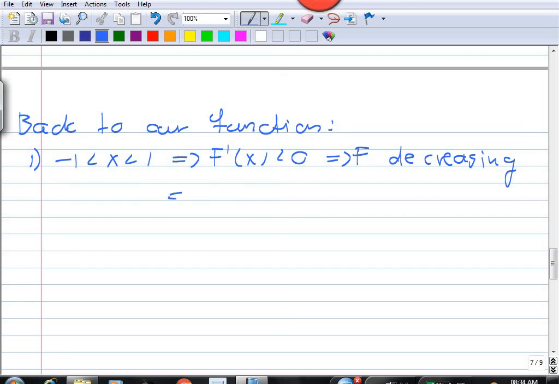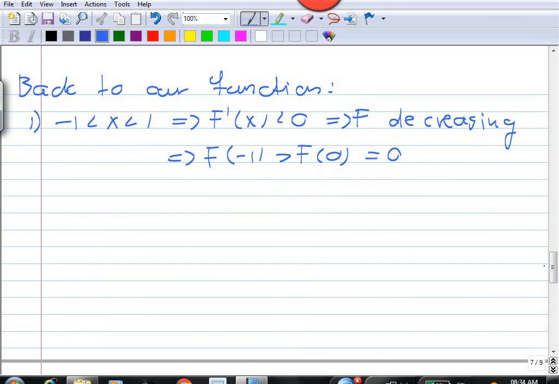And this tells us that f at minus 1 is bigger than f at 0, and we've calculated f of 0 to be 0. Right. Secondly, for x less than minus 1, we saw that the derivative is positive.